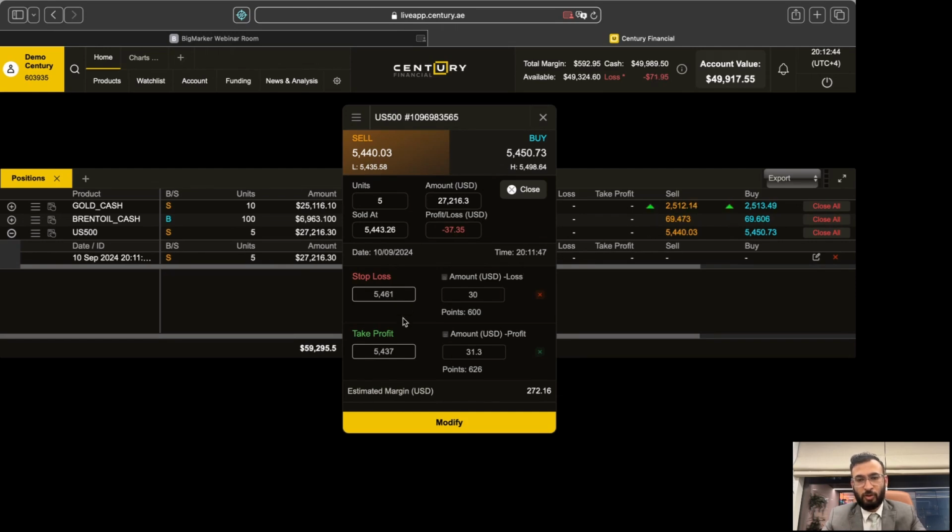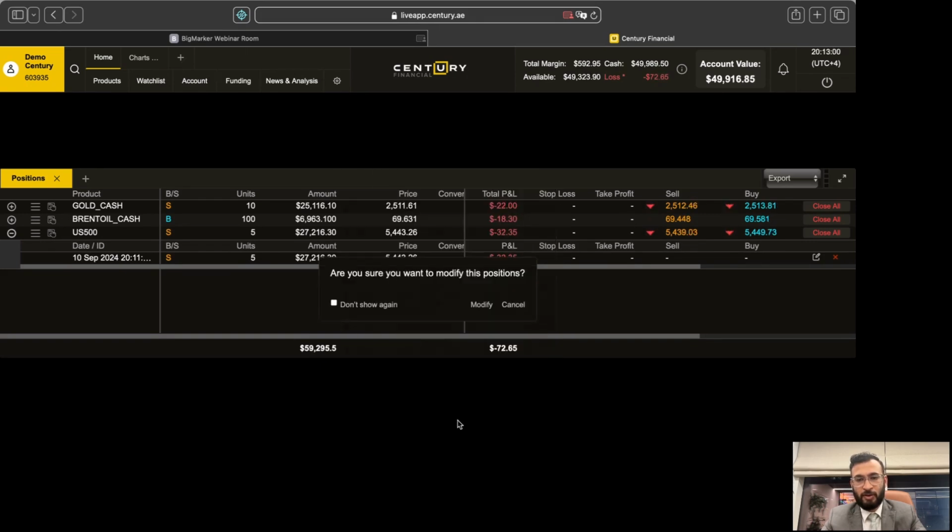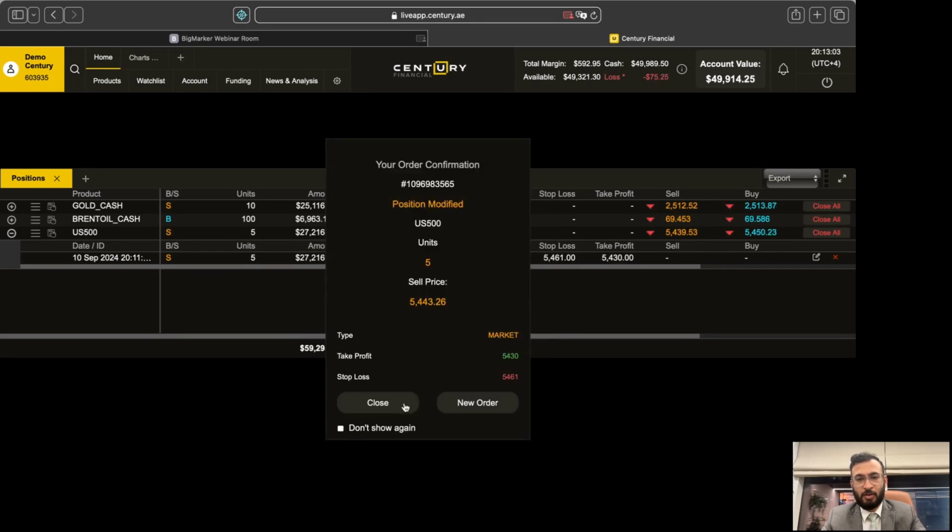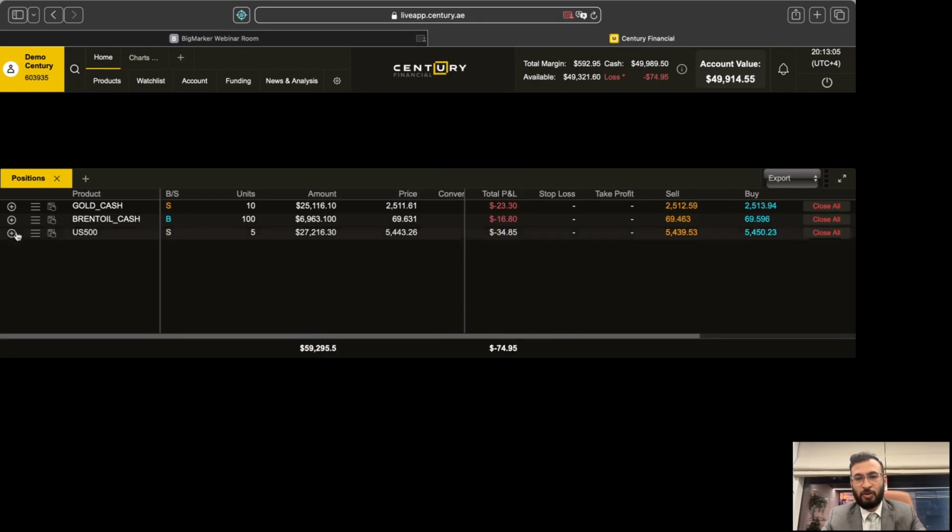Let's say slightly more. And let's say my take profit target, I want to make it slightly bigger because my stop loss is bigger. Perfect. Now modify this. We'll just wait for the prices to come down.